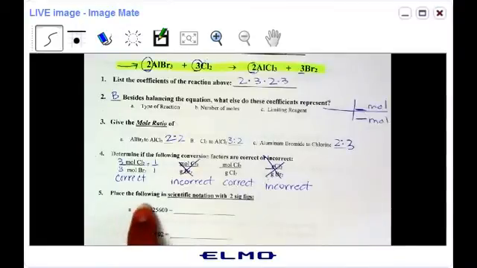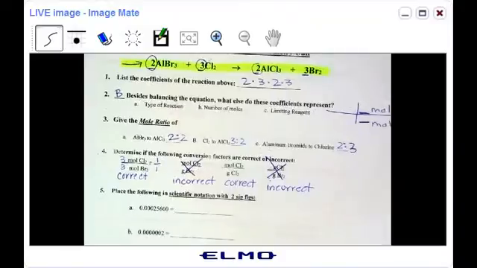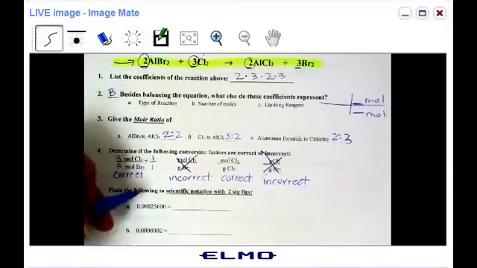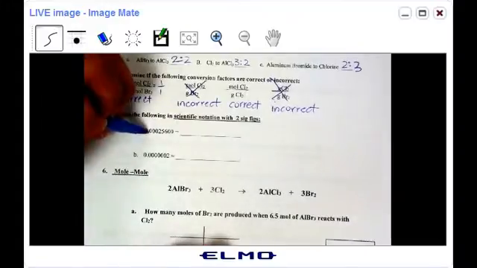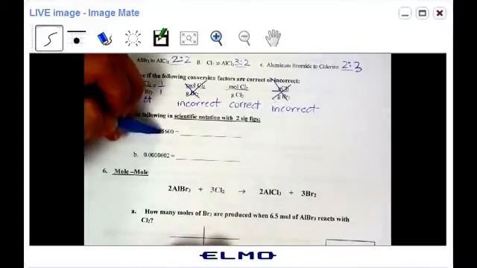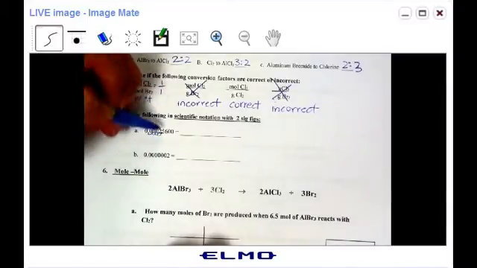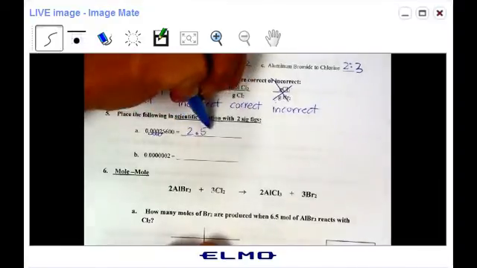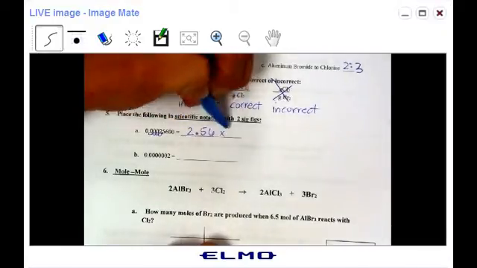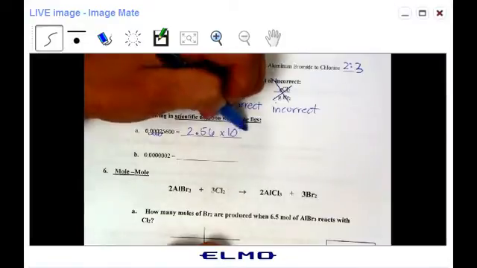Number 5, place the following in scientific notation with 2 sig figs. Scientific notation: you begin with the decimal point and you go in between the first two numerals. 1, 2, 3, 4. 2.56 times 10 to the negative 4.